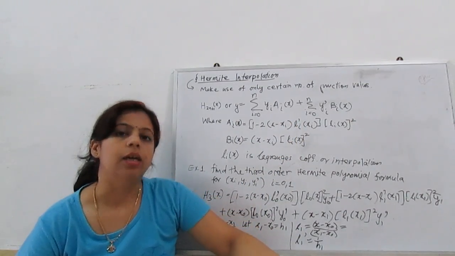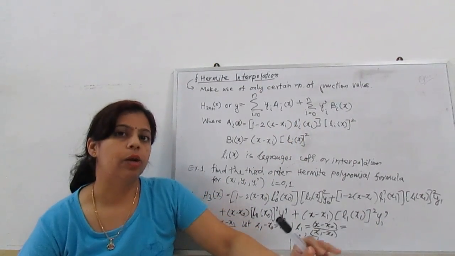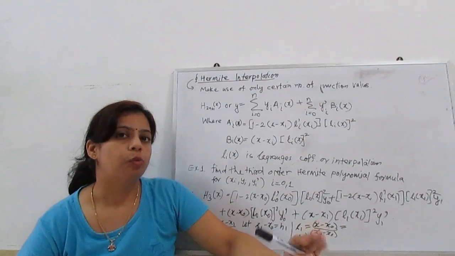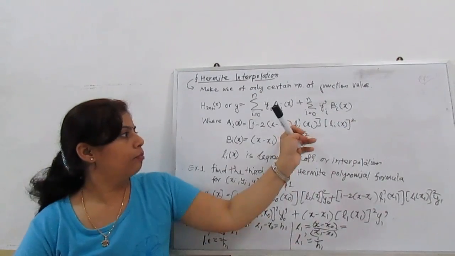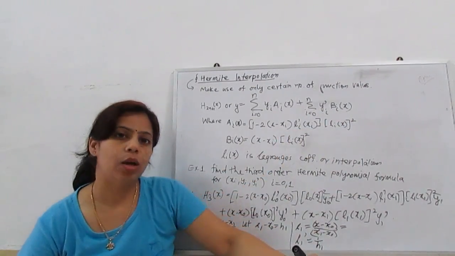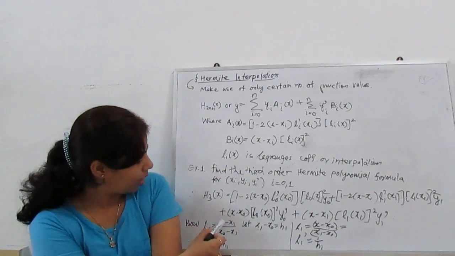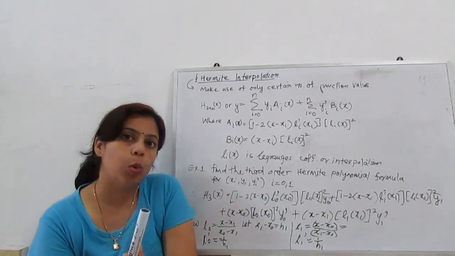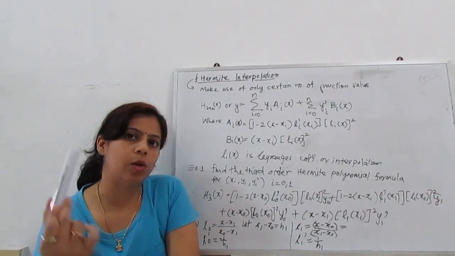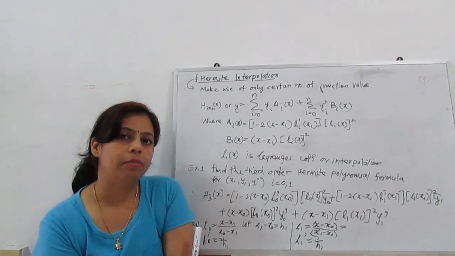L is the Lagrange's coefficient, or we can say Lagrange's interpolation. So what is the Lagrange's coefficient? For example, L0(x): if we have 2 points for a linear equation, x0 y0 and x1 y1, you watched this already in my previous video.